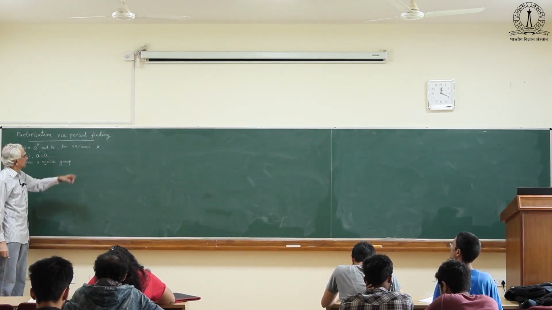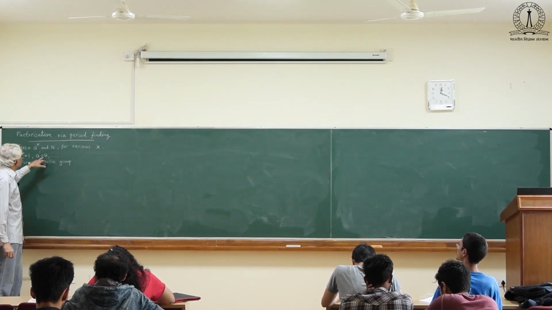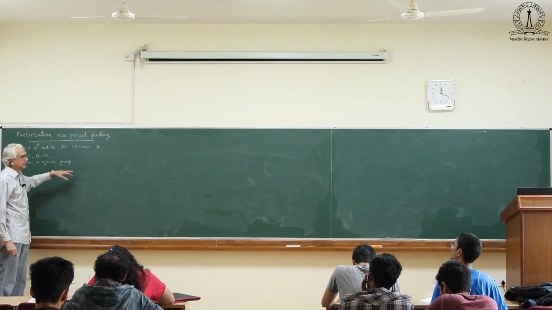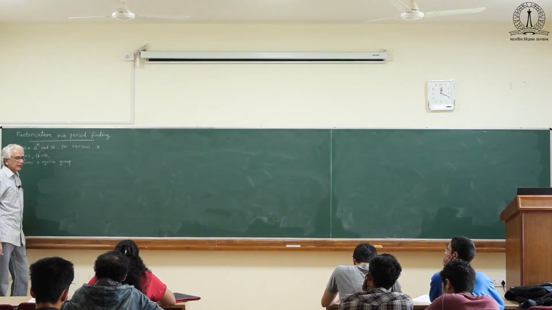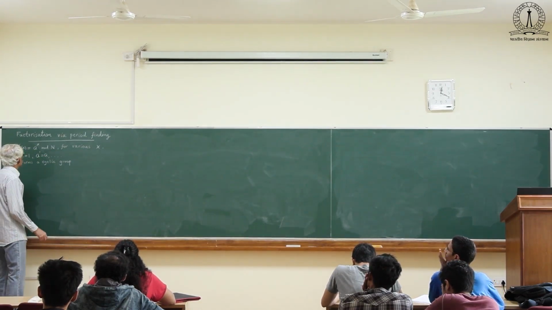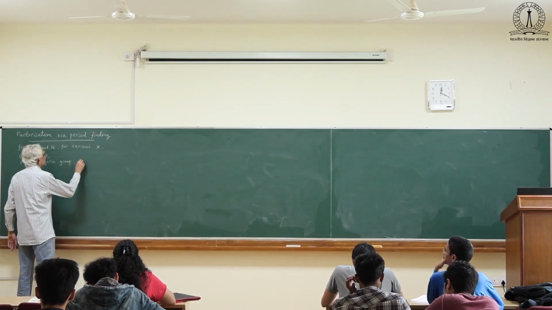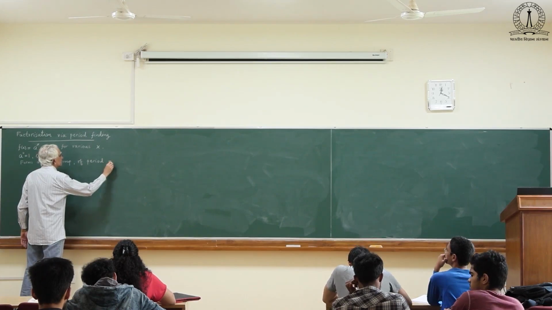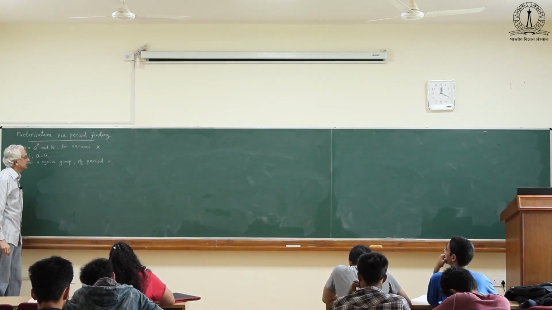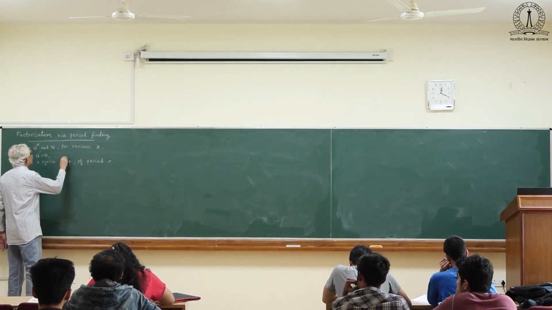Okay, sooner or later all the values will get exhausted because of this modulus n. There cannot be arbitrarily large values, and when it starts repeating, we call it a period.